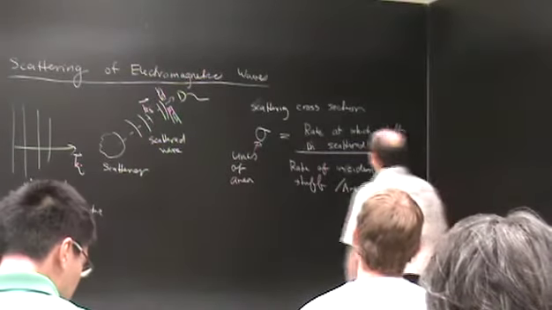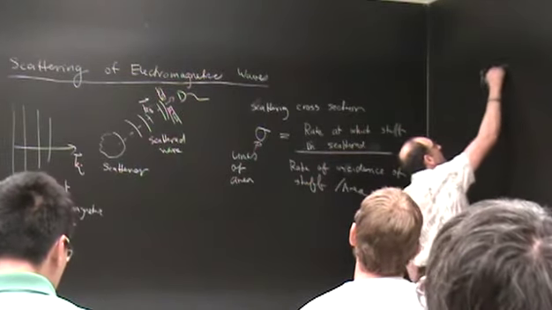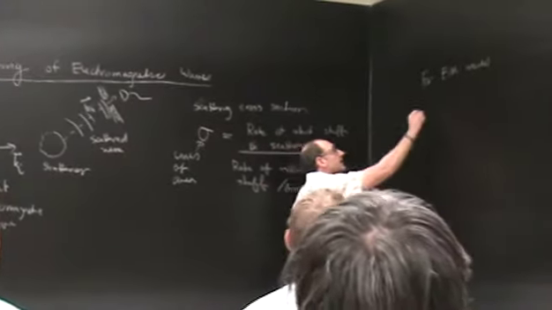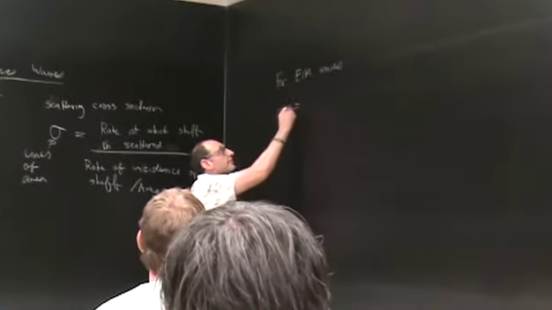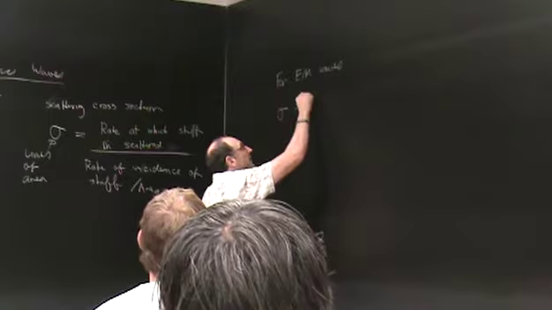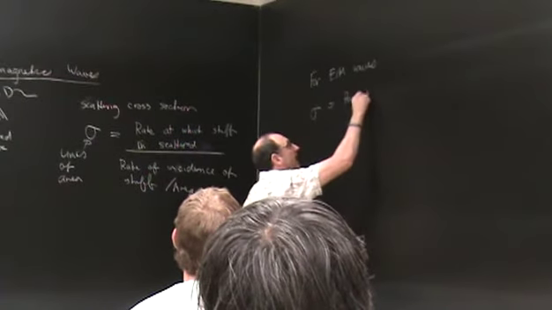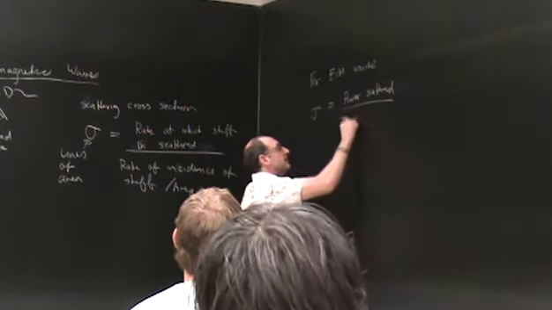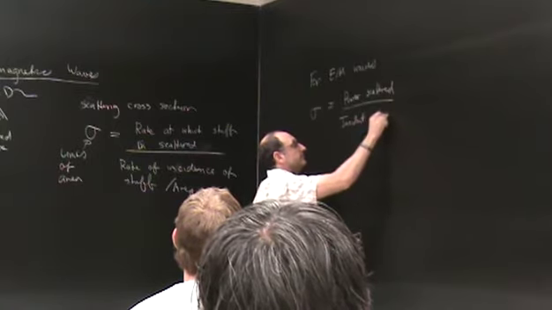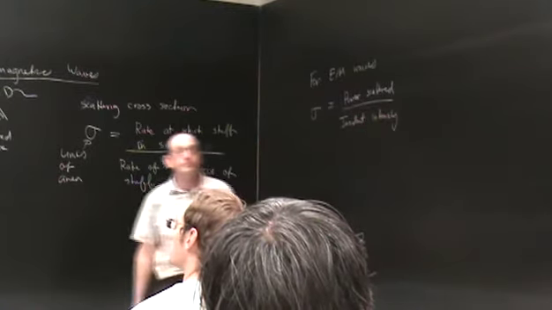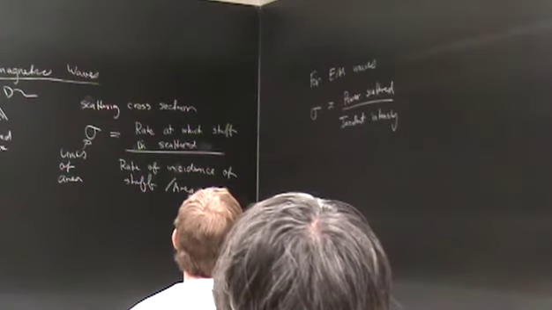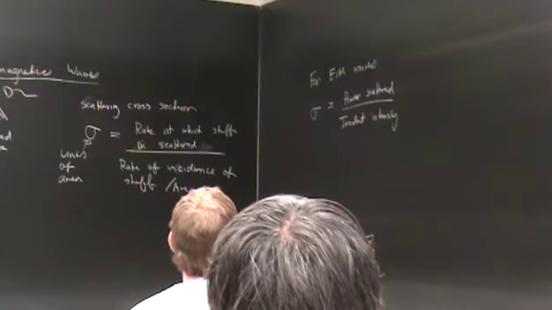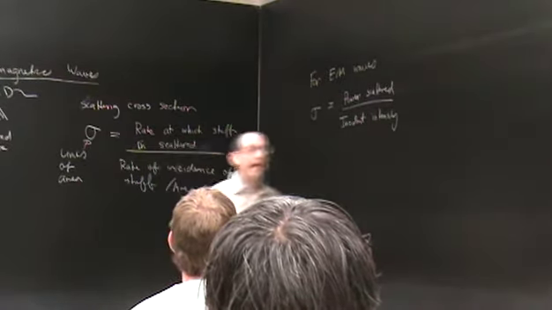So in this case, for electromagnetic waves, the scattering cross-section is defined to be the power scattered divided by the incident intensity. Okay. Then it has the units of an area. You multiply the incident intensity by the scattering cross-section, you get this power scattered.